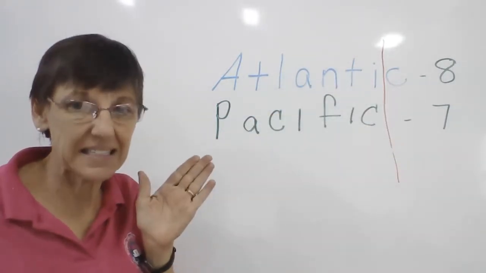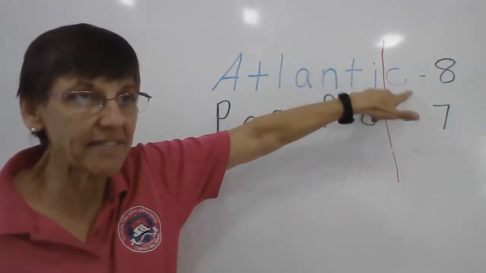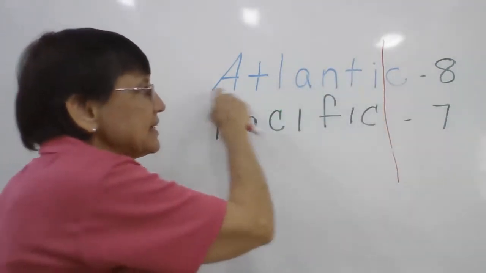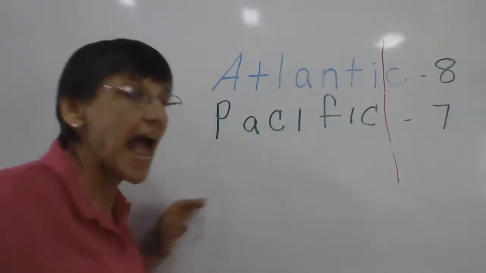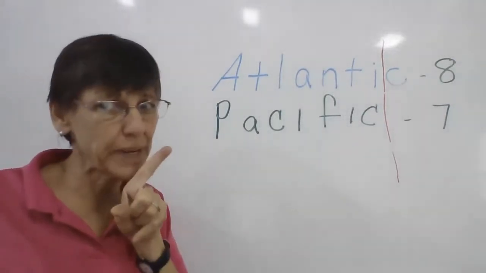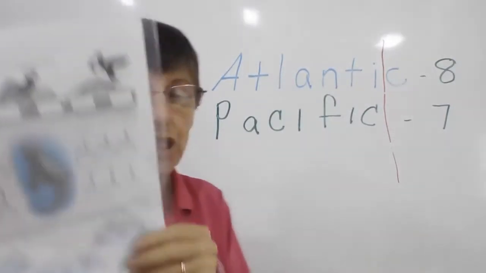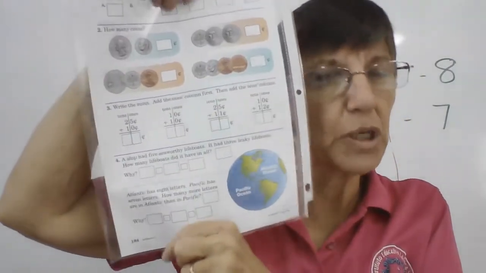¿Cuántos más? How many more letters does Atlantic have than Pacific? This is Atlantic, it has this many. This is Pacific, it has this many. How many more are here now? You see that, that's pretty easy. But what do you need to do? You need to make a number sentence.